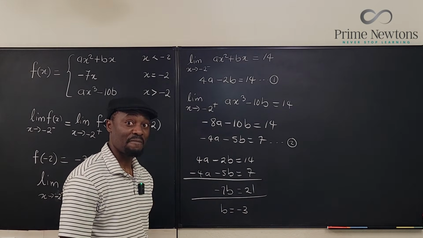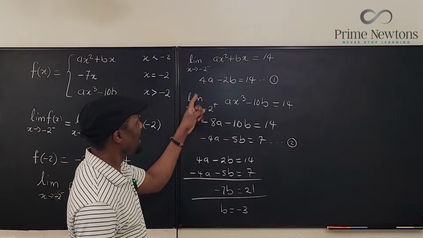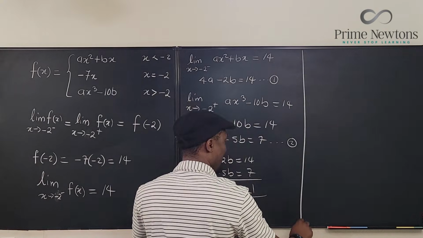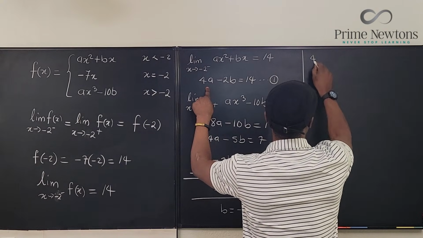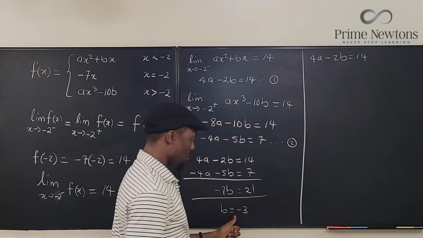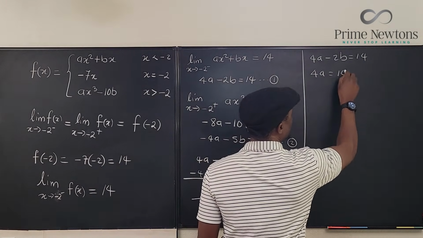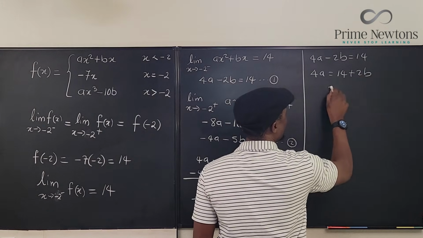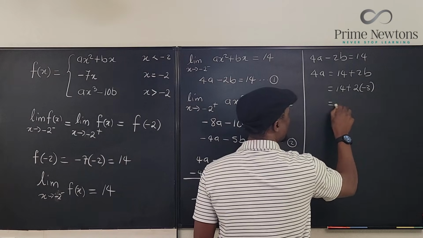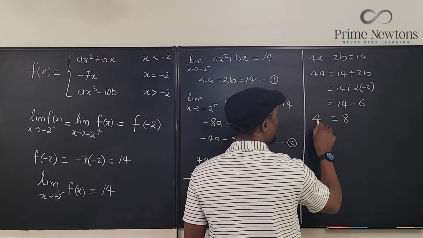So I got my b. Now I need to get a, and I know that from here I can get my a. Let's finish a. So I have 4a minus 2b equals 14. I know b is -3, so it means 4a equals 14 plus 2b, which is 14 plus 2 times -3, which is 14 minus 6, which is 8.